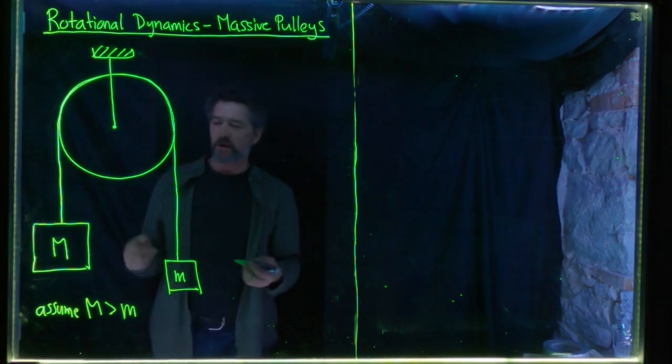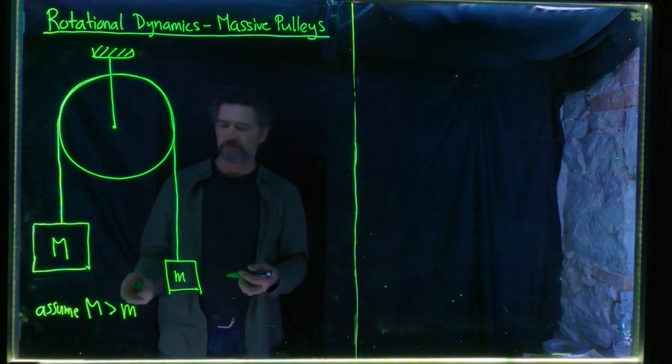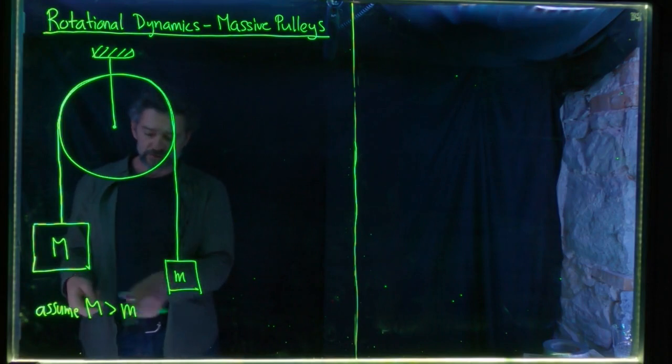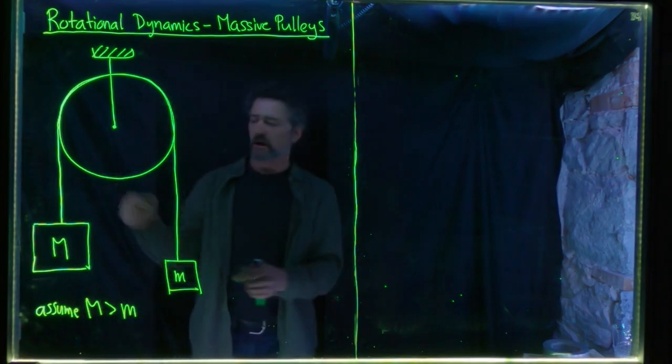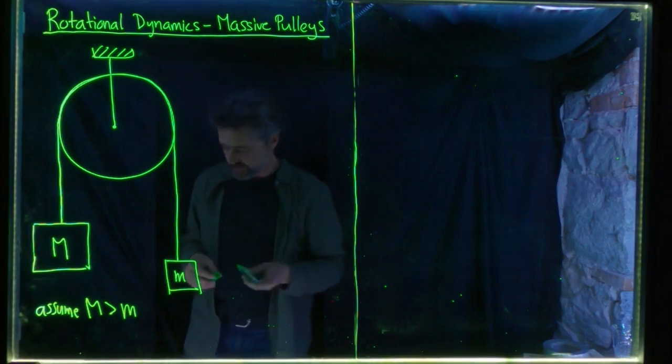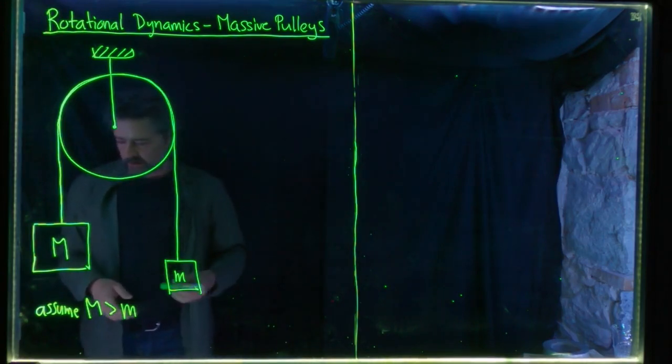We're only assuming big M is bigger than little m for the purposes of drawing the directions of the accelerations. If this is reversed, then our accelerations, either linear or angular, will come out to be negative numbers.